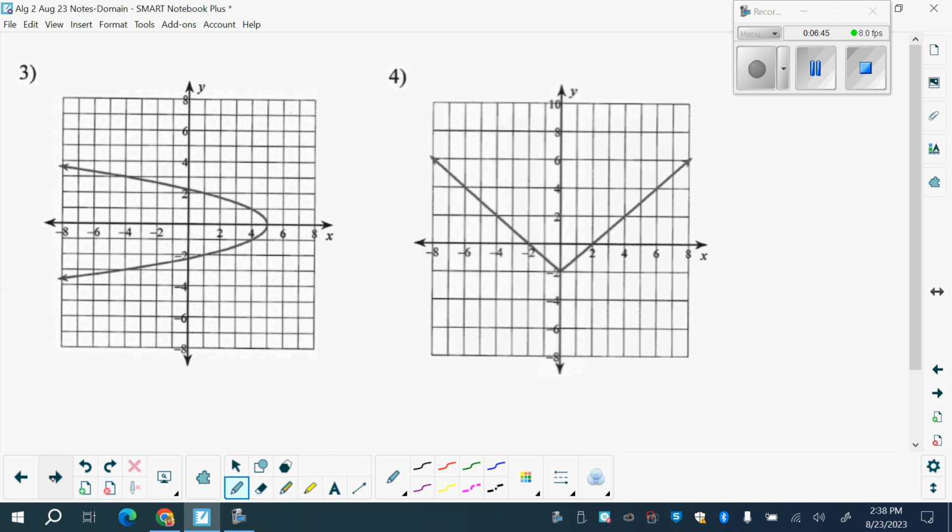What's this x value over here? 5. The x value is what relationship to that 5? Less than or equal to? Less than or equal to, because this here does not have an open circle, so that is a point there. There are points all over this line. This line is an infinite number of points there.